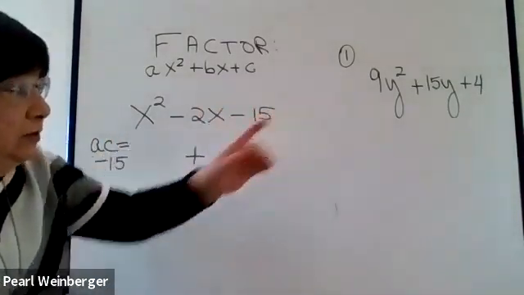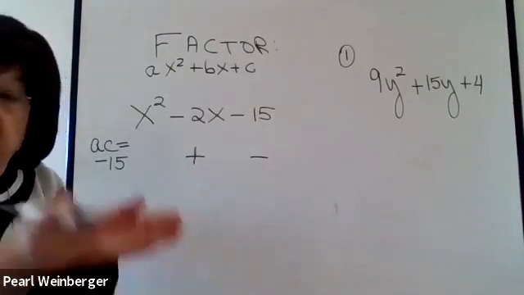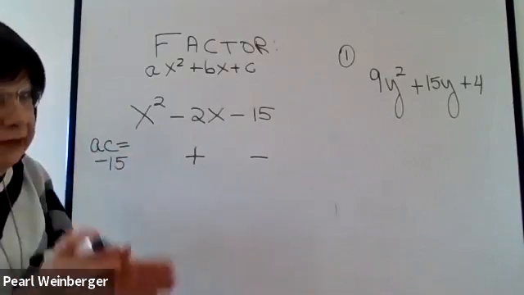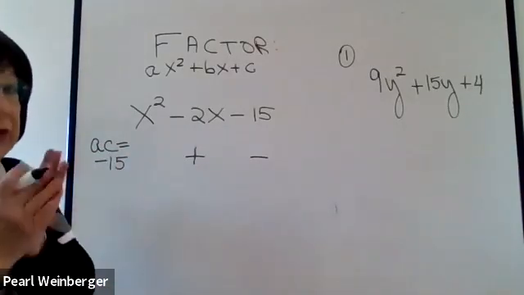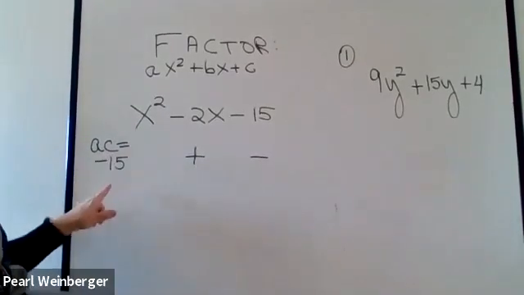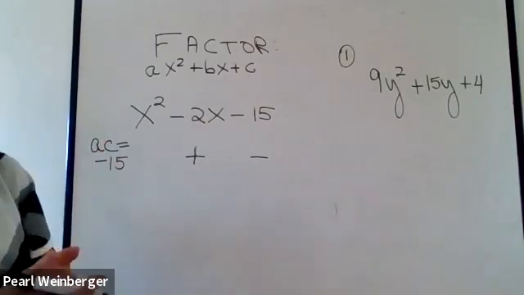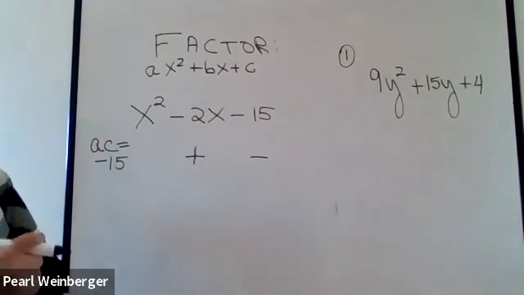When the AC was positive, they either were both positive or both negative, because that's the only way. 2 positives give you a positive and 2 negatives when you multiply give you a positive. But if your AC is negative, then you're multiplying a positive times a negative.